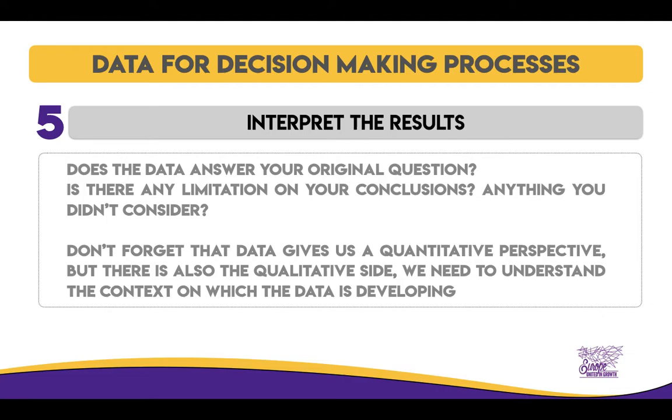So you also need to understand the context and what's happening, the more qualitative side of the story. So yeah, this is showing us data and everything, but there are more things to that. So remember to always keep in mind communication with your LCs, your entity partners, to understand what is exactly happening. And then along with the data, you can have a better and more complete overview of everything.